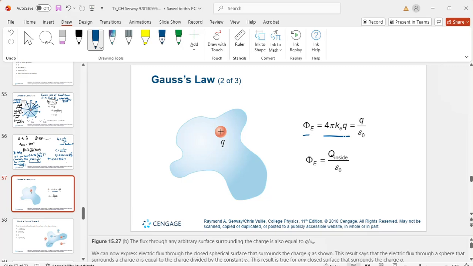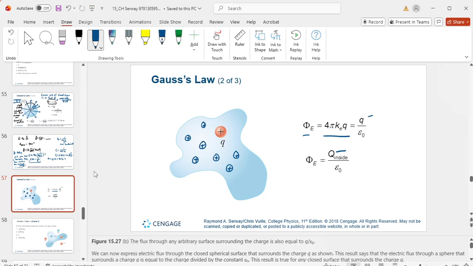So if I generalize this even further to have lots of positive charge, then my amount of charge would move from a lowercase small q to a large capital Q, and my flux gets proportionally larger.